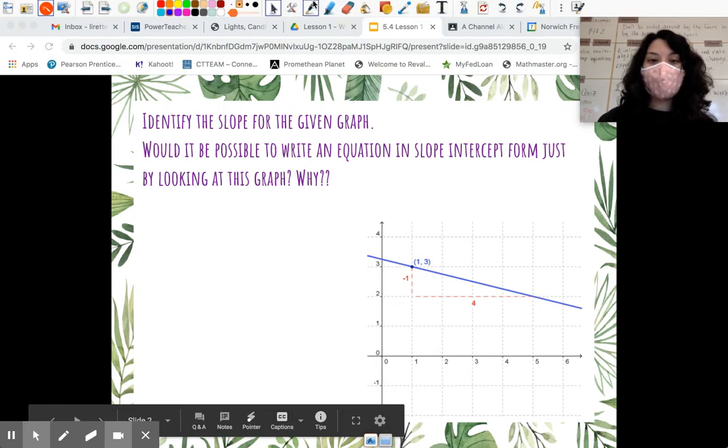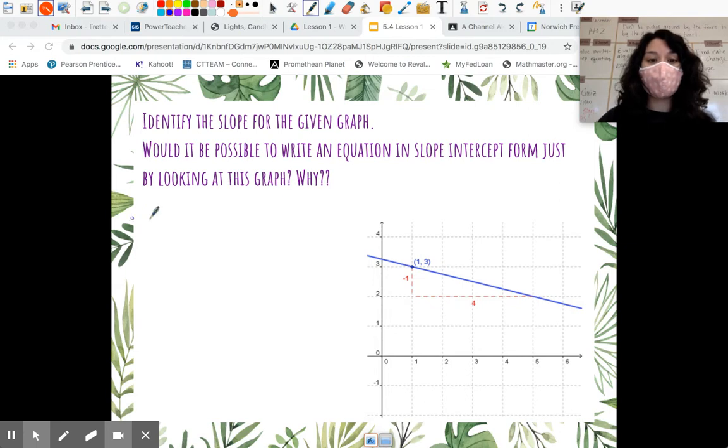Okay, so hopefully you've given that a go. We should all be able to find the slope without any problem at this point. Remember that when you're looking at a graph, your slope is going to be rise over run. It's your vertical change divided by your horizontal change. And it doesn't matter which ordered pairs I start with, which lattice points I use.